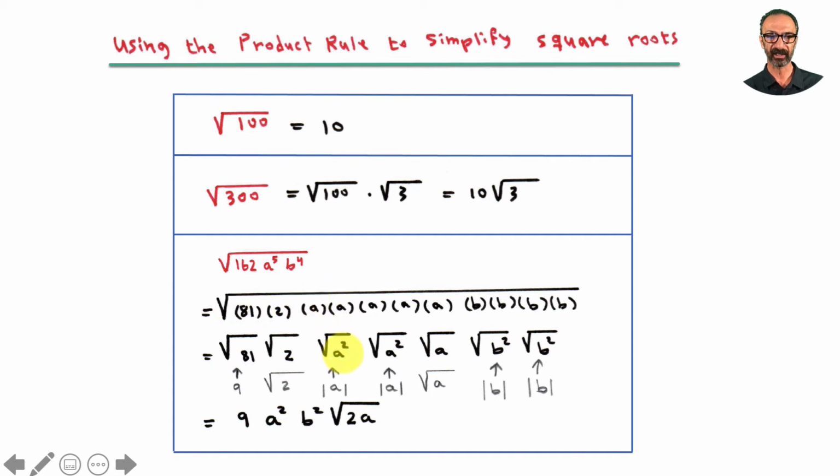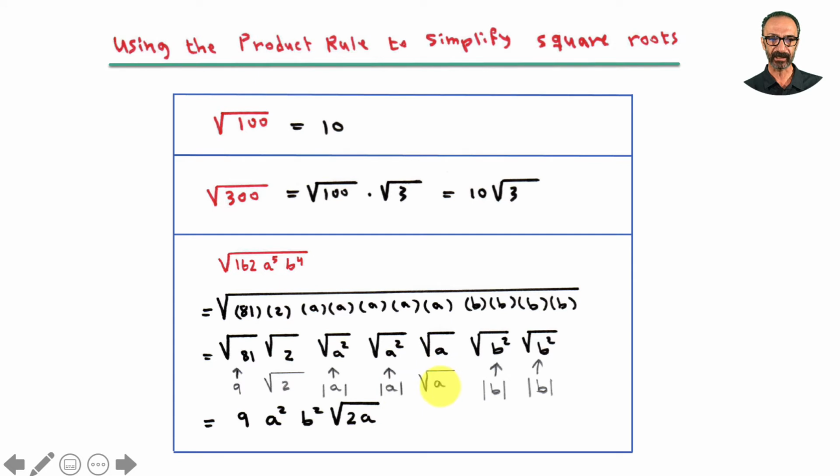It's nice to have a squared together under the square root, which gives you the absolute value of a. We talked about this early in this video when I used the absolute value. This right here gives you another absolute value.